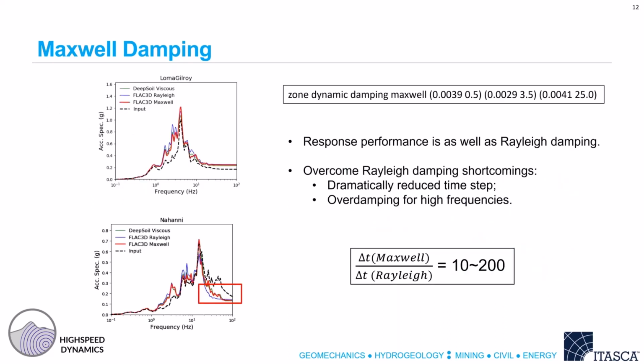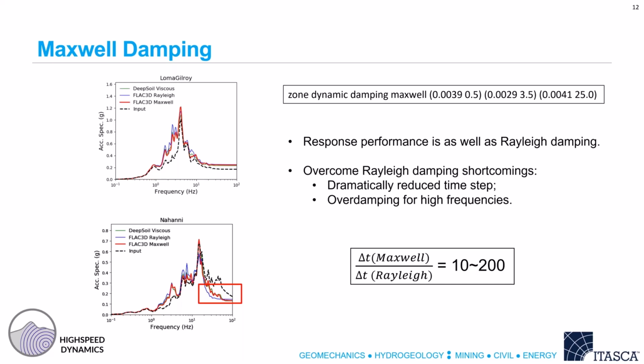This example is a 1D site response. We compare Maxwell damping with the DeepSoil viscous result, which is based on the frequency domain, and also compare with FLAC3D using Rayleigh damping. The first figure is with a harmonic input motion.